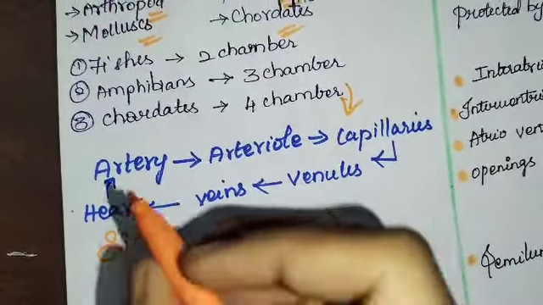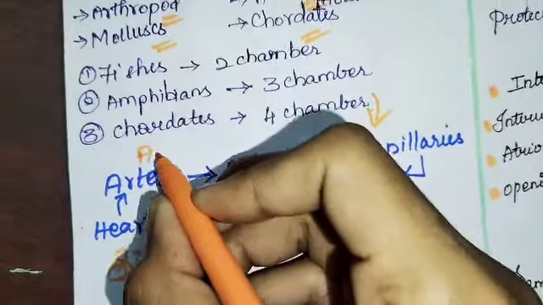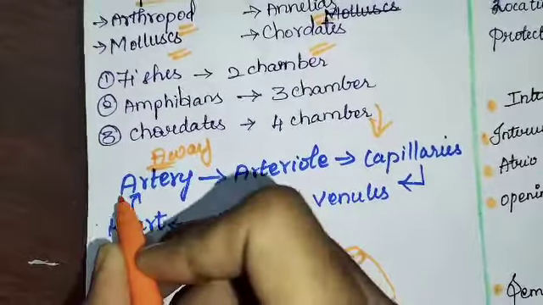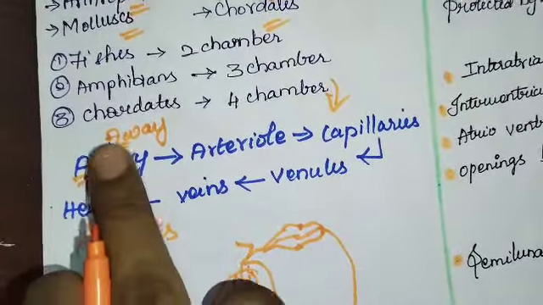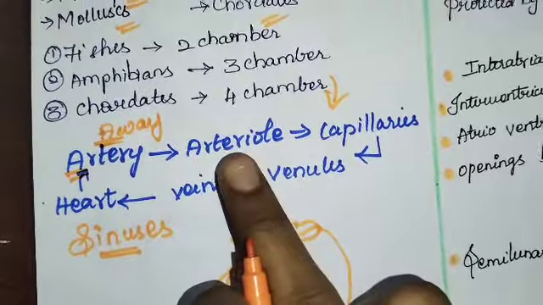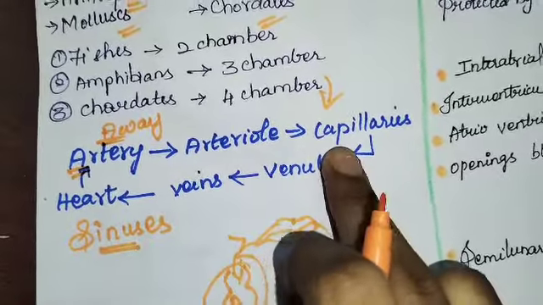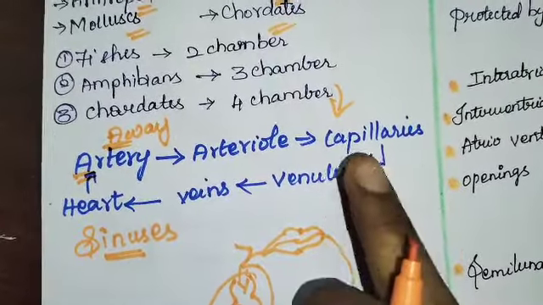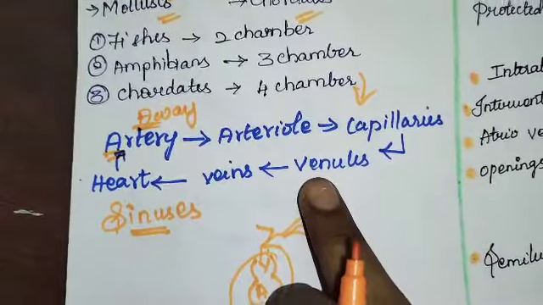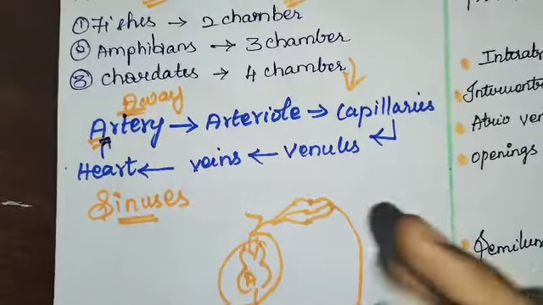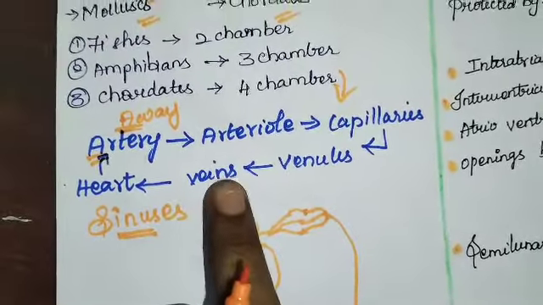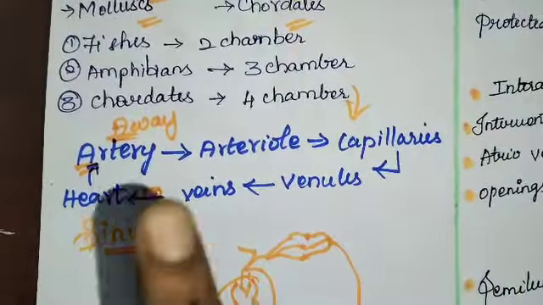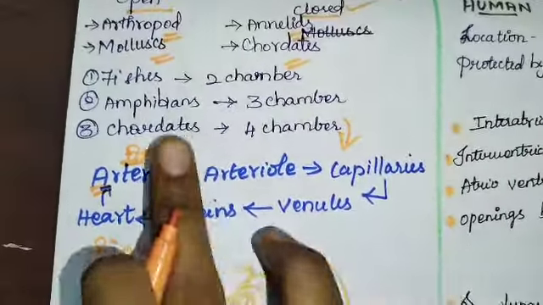Keep this in mind: the artery takes the blood away from the heart and divides to form arterioles, and further divides to form capillaries. These capillaries then give the deoxygenated blood to the venules, and the venules rejoin to form veins. The veins carry blood to the heart. This is the flow of blood in the chordates.